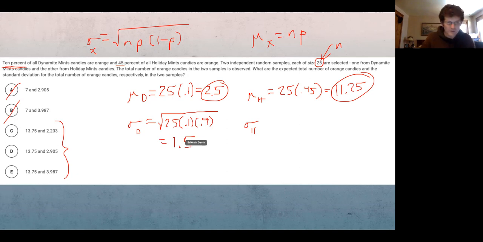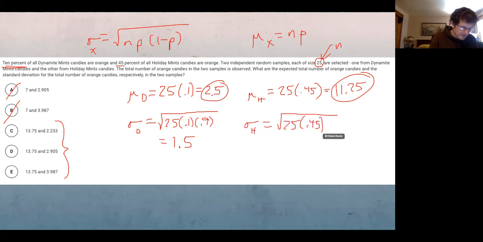That's weird how that worked out. It's 1.5 exactly. This is going to be the square root, that's an n right here, of 25, because that's our sample size, times 0.45 times 0.55. And that's going to be 2.487.